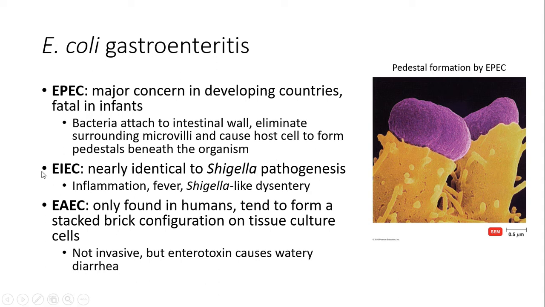Enteroaggregative E. coli, which is what EAEC stands for, is only found in humans. It doesn't have an animal reservoir, and it tends to form what looks like a stacked brick configuration when you look at it in tissue culture. It's not generally invasive, but it does produce an enterotoxin that produces a watery diarrhea.